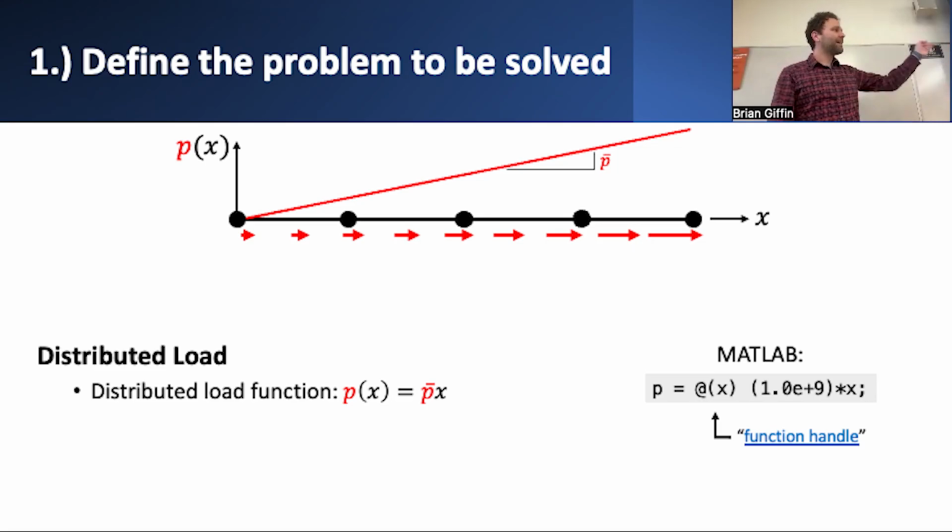But at the end of the day, you could define it as just some generic function having a particular form. In a MATLAB context, if you wanted to define a function, this is sort of an odd concept. But MATLAB actually allows you to define a function as an argument to this particular expression.